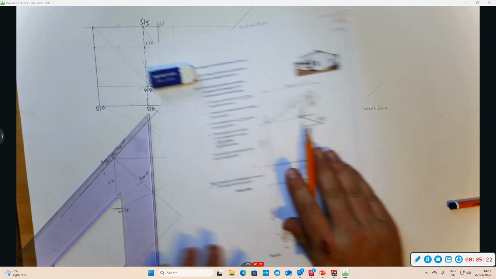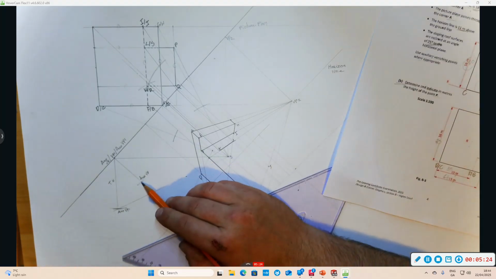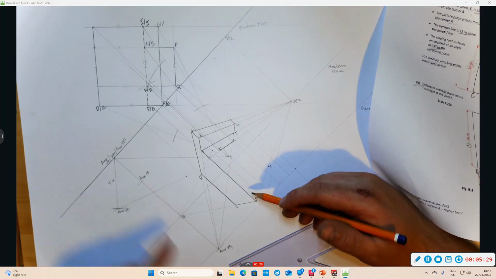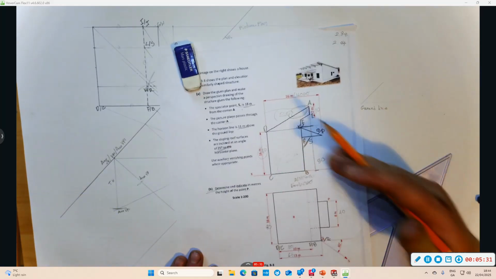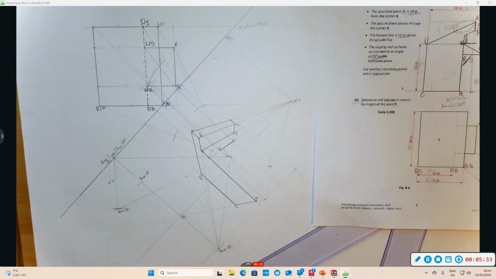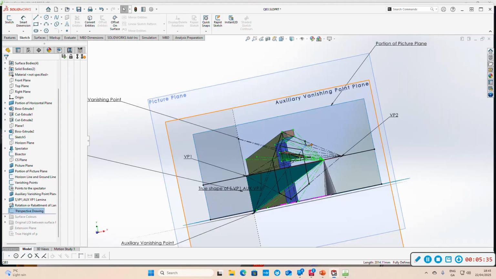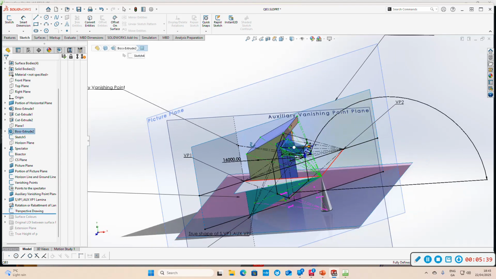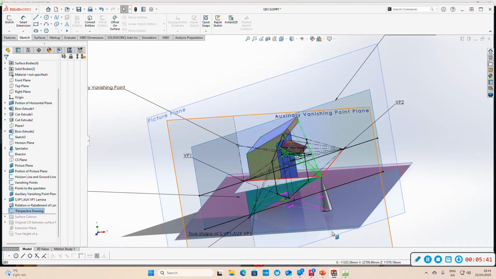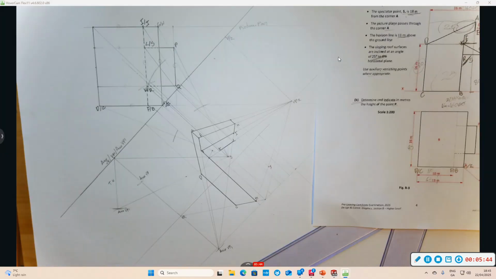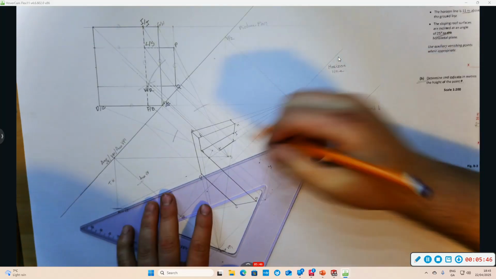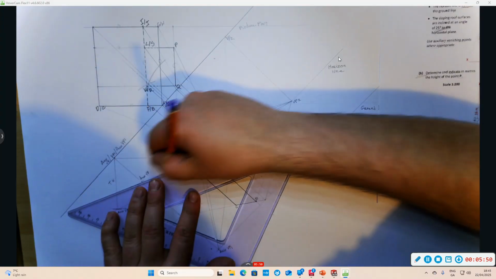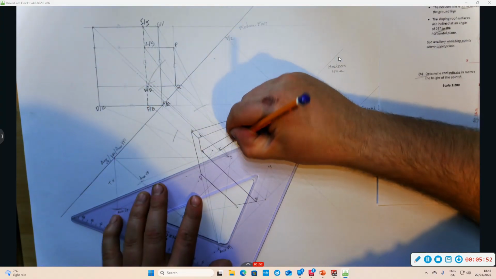So they're going to use an auxiliary vanishing point, but this time it's just above the ordinary vanishing point because it's sloping upwards. So you can see the face sloping upwards, so this vanishing point up there. So I'm going to draw a line from the auxiliary vanishing point up there through point K and through point L.